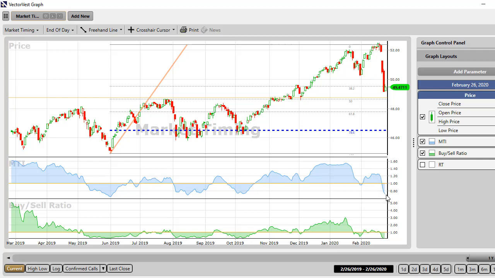The MTI not quite at a mega oversold, but getting there at about 0.71. So the American market moving into a mega oversold situation, and that could be very interesting for a bounce or a resumption of this trend.